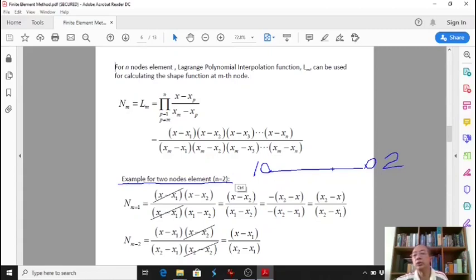So we have two nodes here, this is a two-node element, so n is equal to 2. Now we use this formula to find N1 and N2. This is displacement u1, and this is displacement u2.